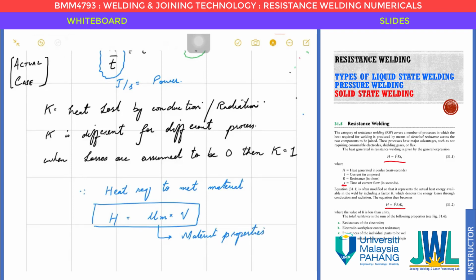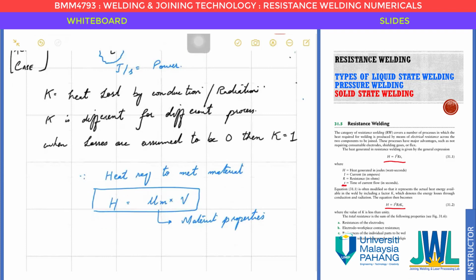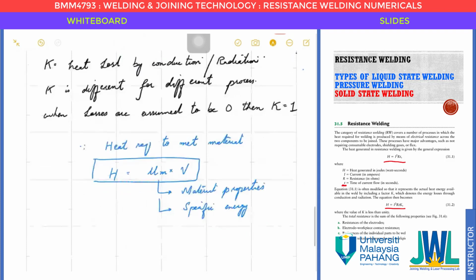If you have gone through the arc welding numericals already, then mu m is basically the specific energy. Specific energy is different for different materials.